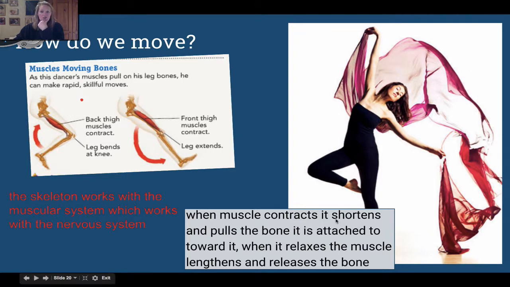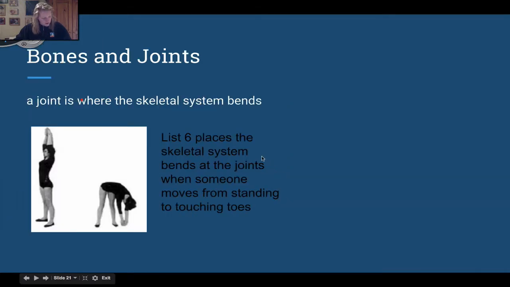So when a muscle contracts, this is kind of the cool part, it shortens and pulls the bone it is attached to towards it. And when it relaxes, the muscle will lengthen, and it will release the bone back into the original position.